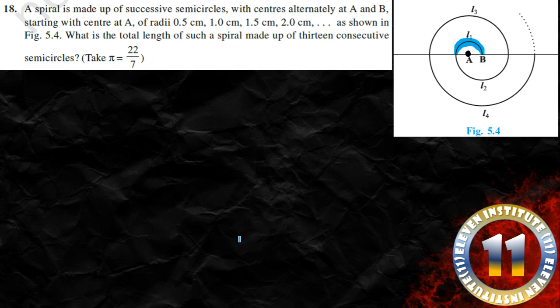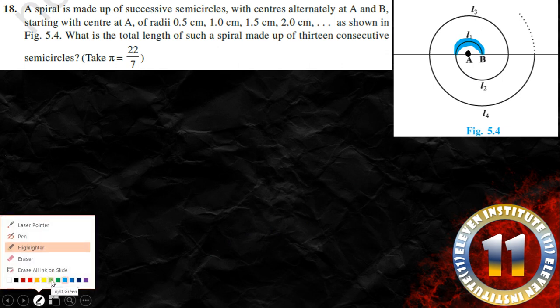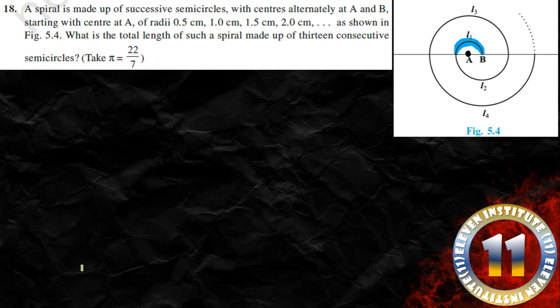Now, this is one of the semicircles. Then we draw another semicircle with center as B. We take this much as the radius, and we draw a semicircle from here to here.